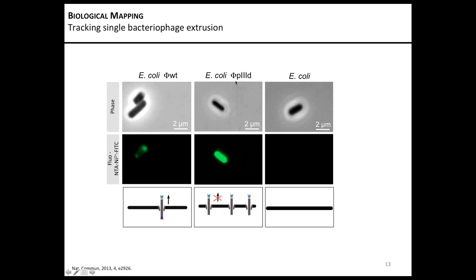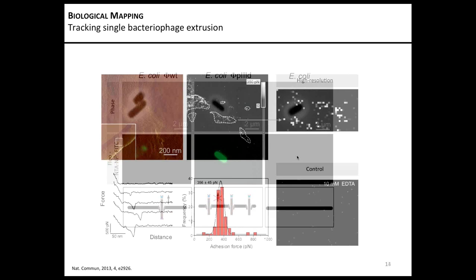For the mutant phage lacking P3, you will see that there is a high expression of the phage because they cannot escape from the cells, and these are localized everywhere. As a control, we also use a cell which is not infected by the phage, and we have no fluorescence.